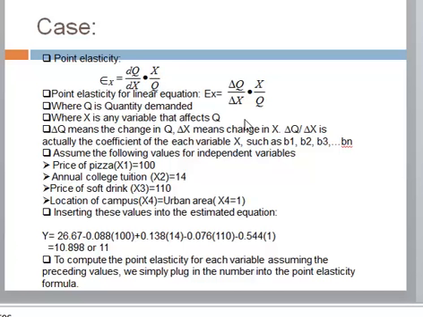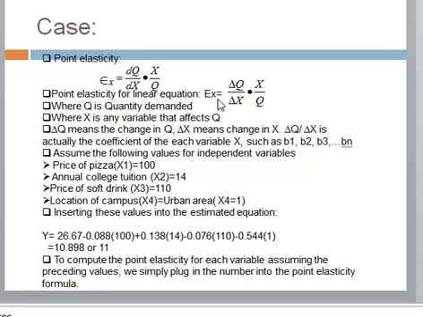Remember in the last chapter, the formula for point elasticity of a linear equation is like this. Elasticity equals the change in the quantity divided by the change in the independent variable, times the independent variable over the quantity.